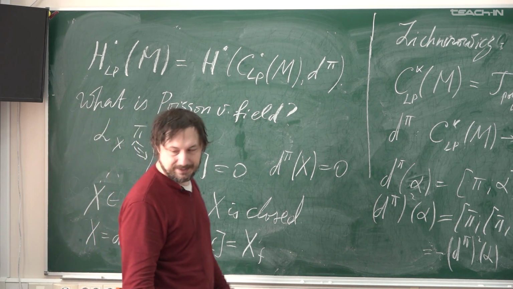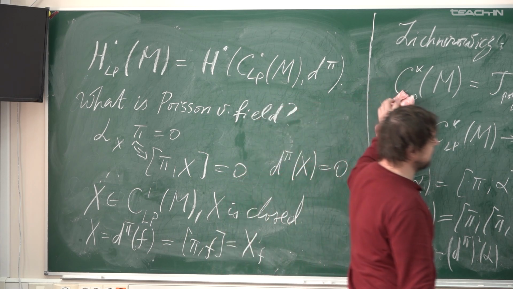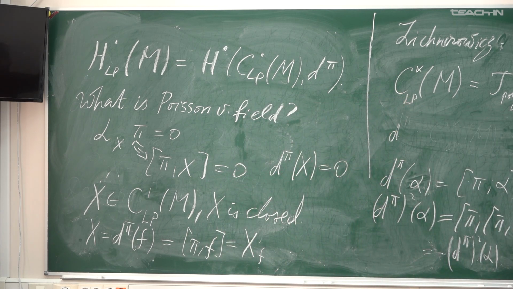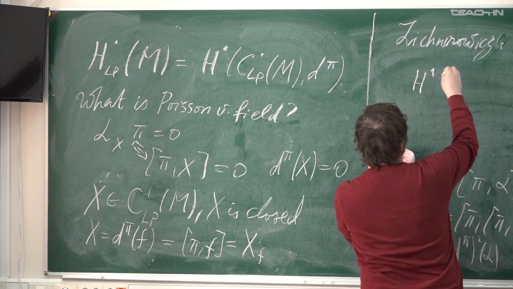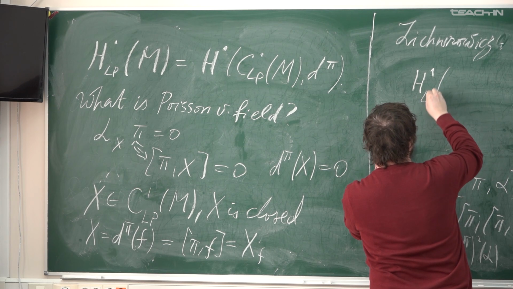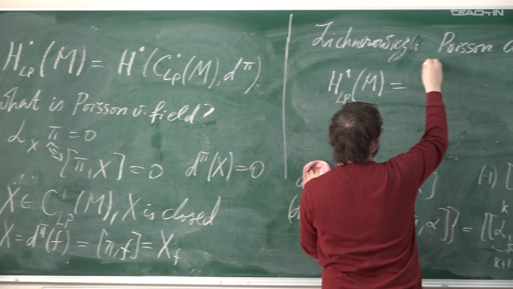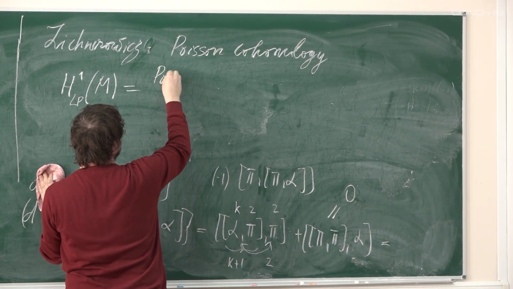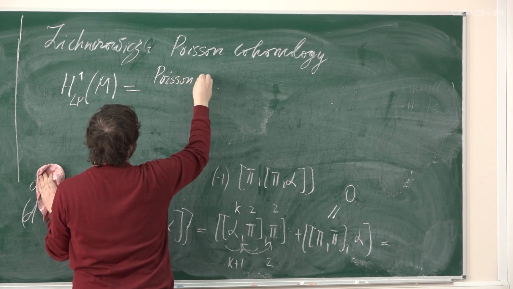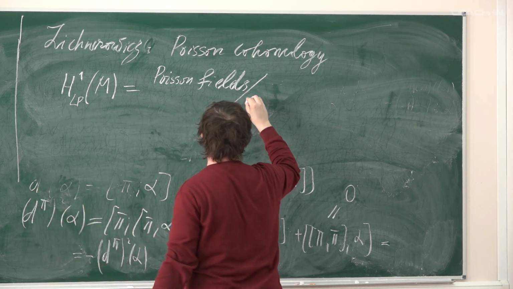And the difference between being exact and being closed is precisely cohomology, right? You can say that H^1 of M is equal to the space of Poisson fields divided by the space of Hamilton fields.